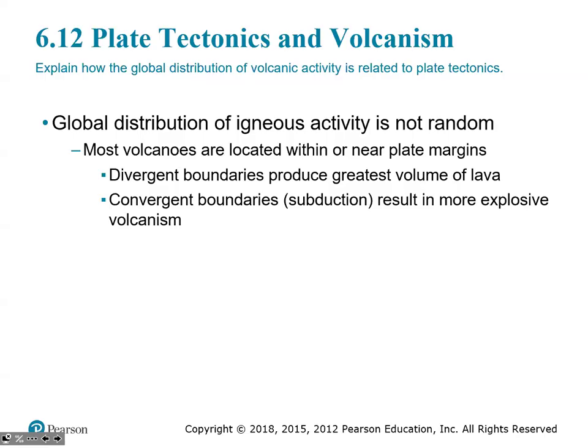So divergent boundaries produce the greatest volume of lava from decompression melting, while convergent boundaries with subduction result in more explosive volcanism. Divergent boundaries produce more mafic, more basaltic lava, while convergent boundaries produce more felsic, stickier, gooier lava.